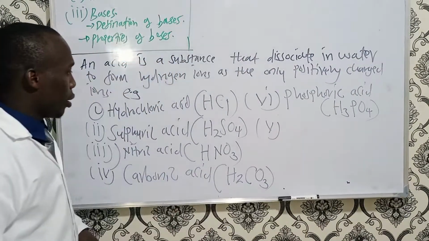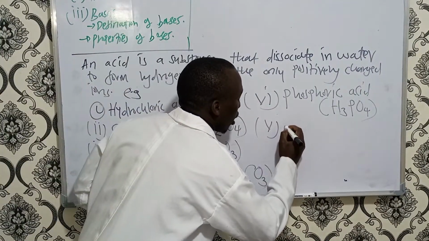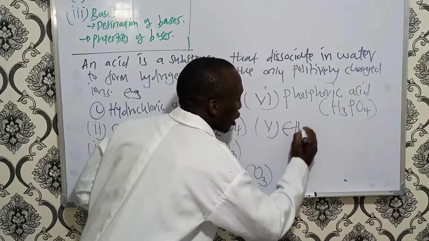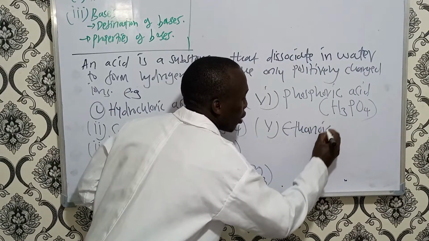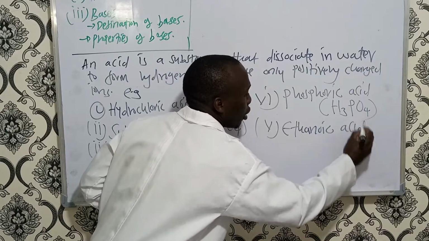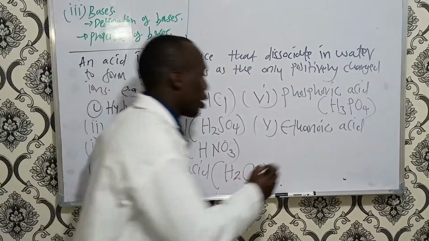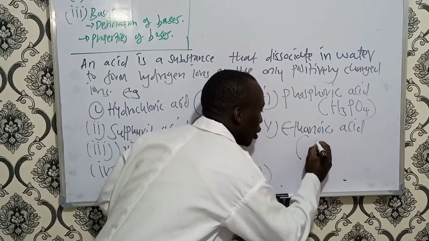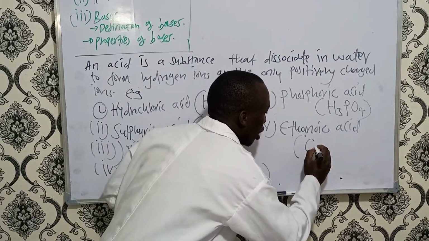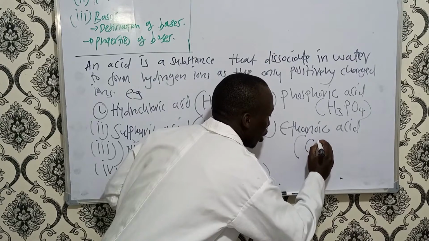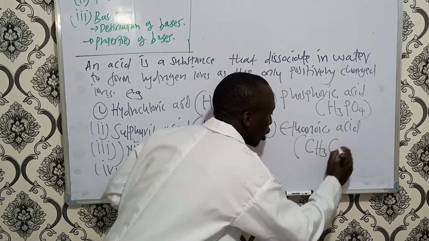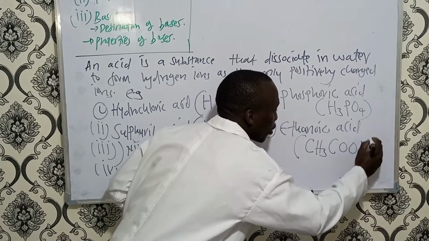Another acid is ethanoic acid. It is an organic acid. So ethanoic acid is an organic acid, that is a carboxylic acid, and it has the formula CH3COOH.